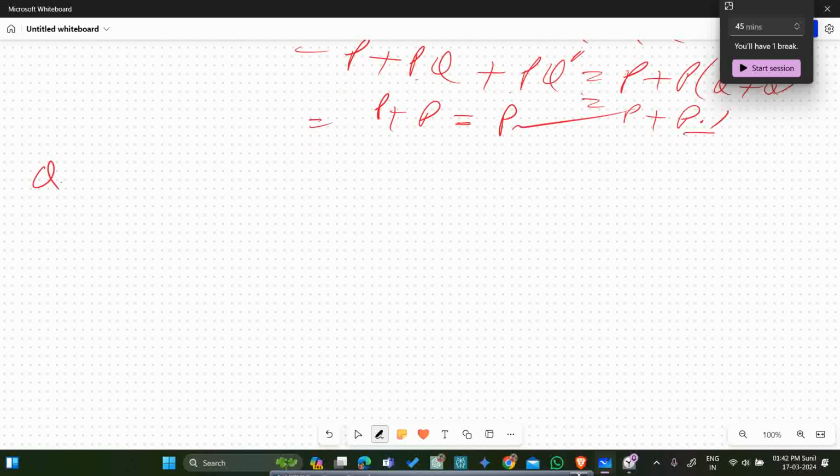So the second question is A union B minus C. We will discuss this operator. So B minus C, we can write it differently. B minus C is what?